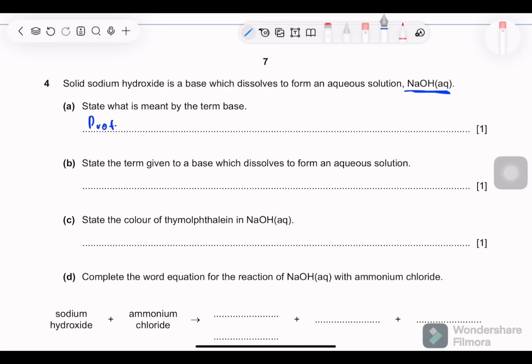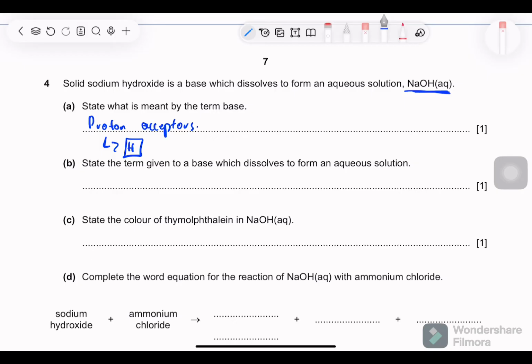Bases are proton acceptors. Now, you might be thinking proton is not donated, is not gained. This proton means hydrogen in this case, as the composition of hydrogen is the same as proton, as hydrogen does not have a neutron and it only has plus charge. So proton also has a plus charge.